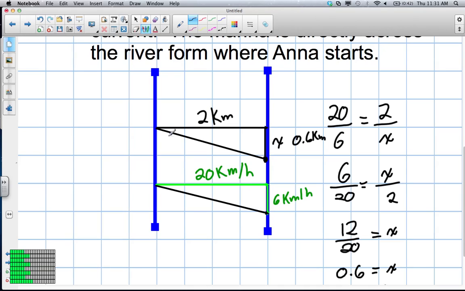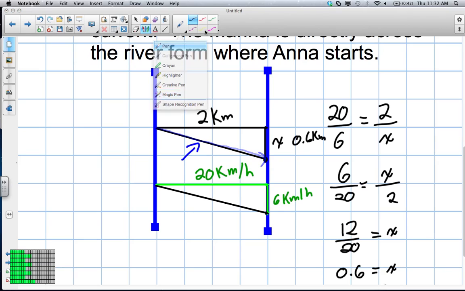But we need to know how far she's traveling. Well, she's actually not taking the route that we thought she was going to take. We know she wanted to travel directly 2 kilometers across the river. But due to the current, she ends up traveling farther downriver because it's pushing her on an angle. So we actually have to figure out how far she travels in her boat.